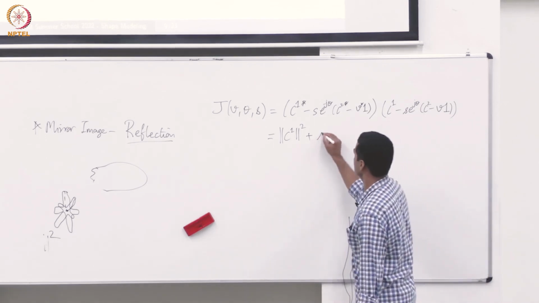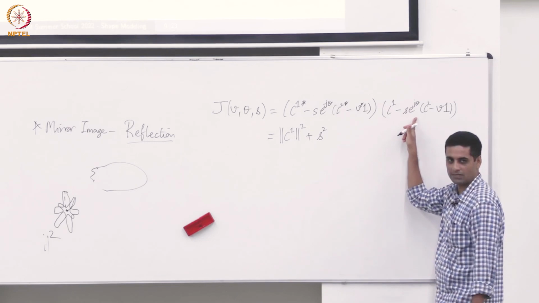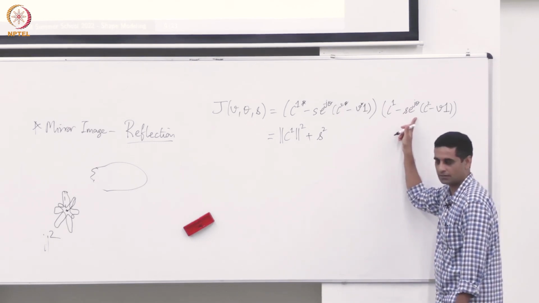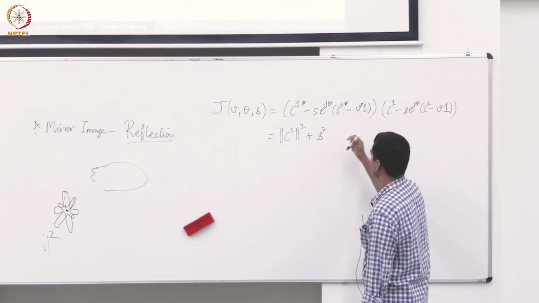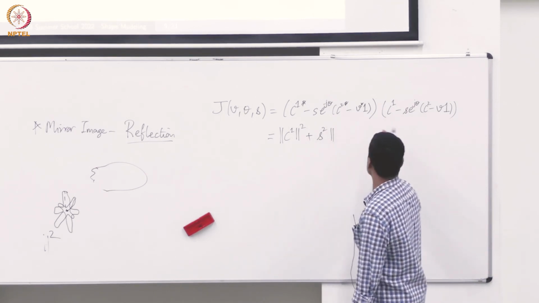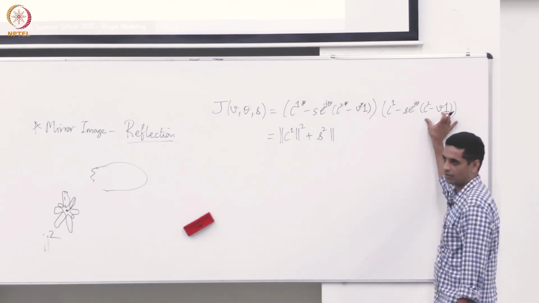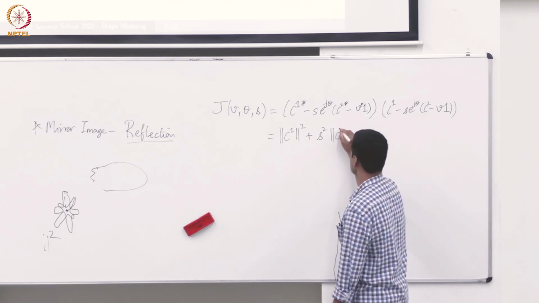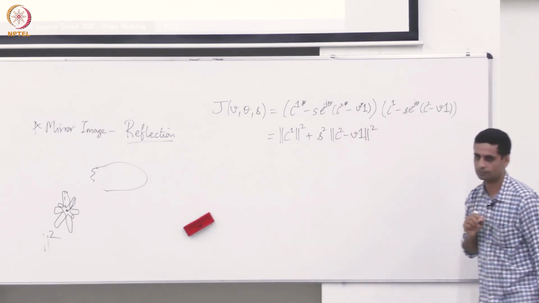So S squared, e raised to minus j theta times e raised to j theta is 1. Then this is nothing but the conjugate transpose of this, so therefore this is norm of C2 minus V1 squared.